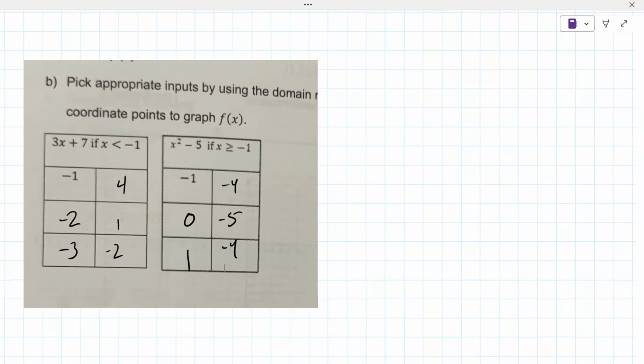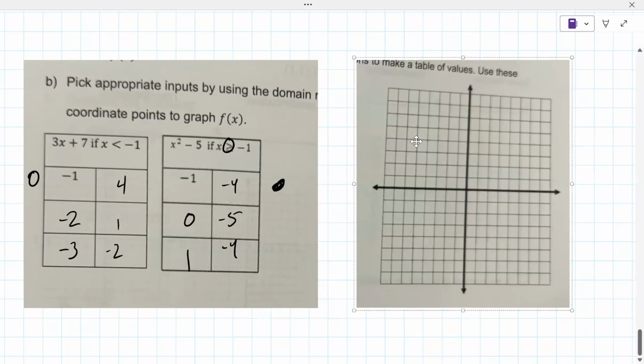Okay. So then just to put those onto the graph, I'll start doing that. Before you do that though, when it's less than, that's an open circle for the first one. And a closed circle for the second. It's really important that you make note of that so you remember it, like the one with the line is more filled in. Exactly.